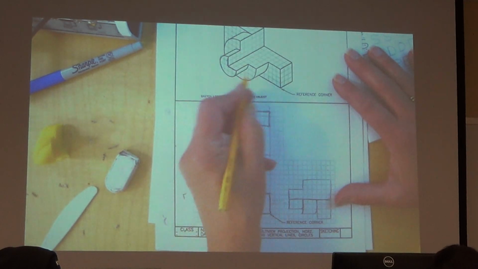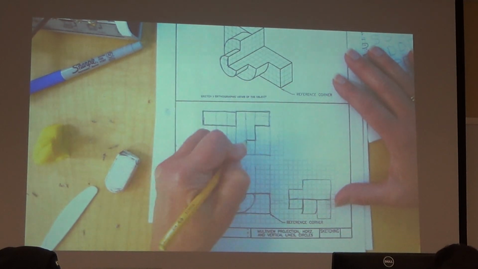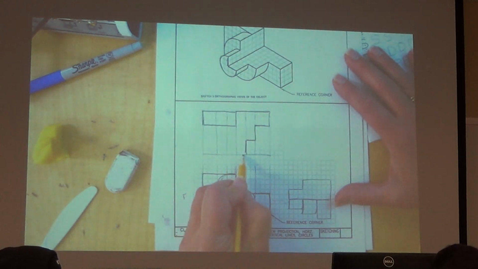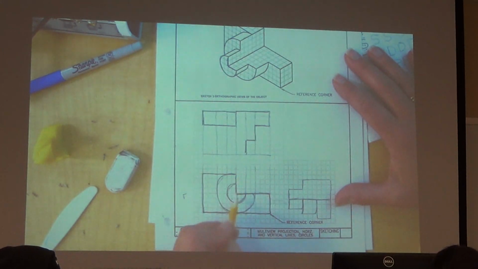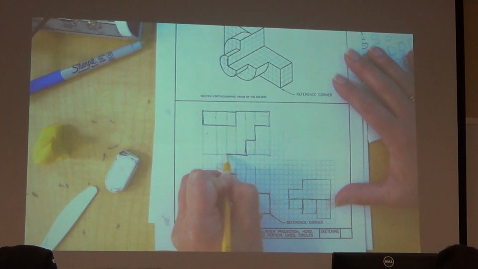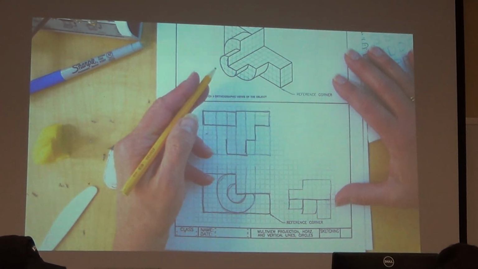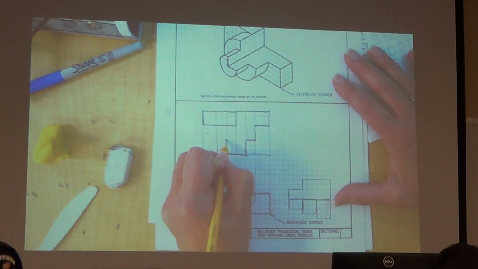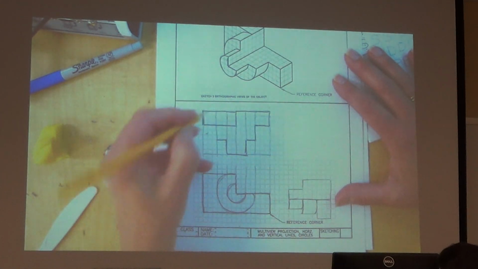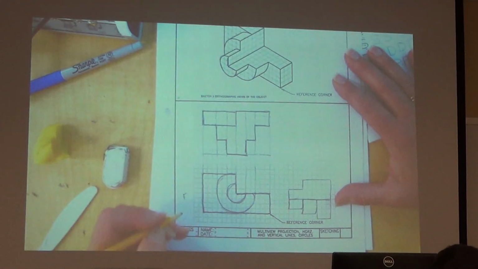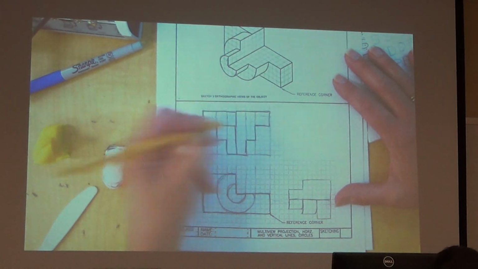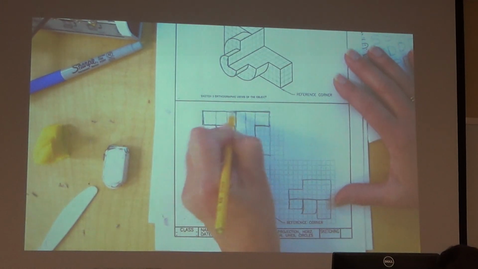And then I'm coming in 2. And then this is lining up with this here. And then I'm going in. And then I'm going out. And then I'm going up. And then I can see this whole edge. Did I leave anything out?